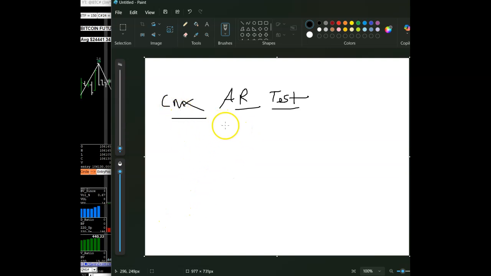So climax, automatic rally plus secondary test, and automatic rally is also your change of behavior. It's also called the change of character. It's also called sign of strength, whatever you want to call it.